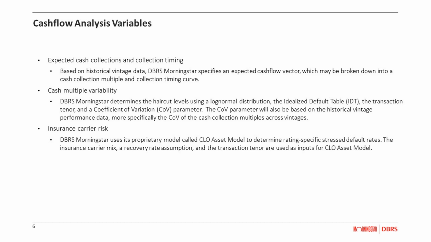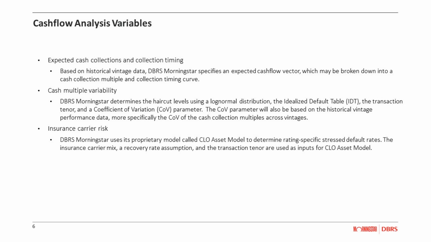Thirdly, insurance carrier risk. DBRS Morningstar uses its proprietary model called the DBRS Yellow Asset model to conduct its analysis and to estimate losses at different statistical confidence intervals that correspond to a given rating level.